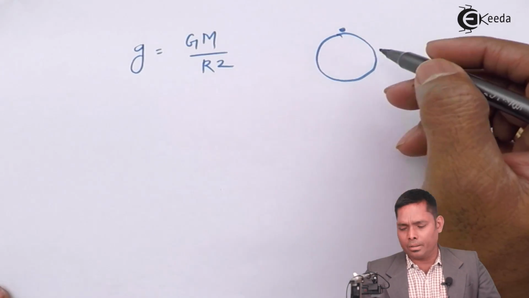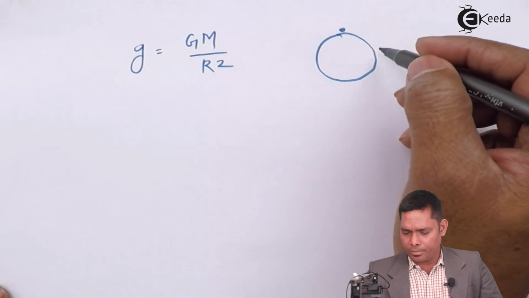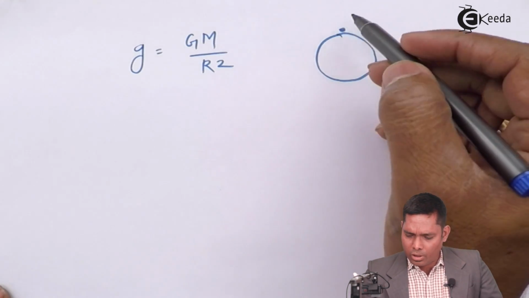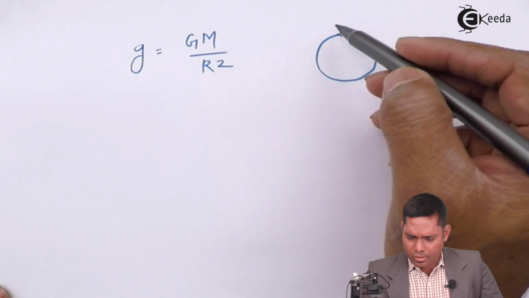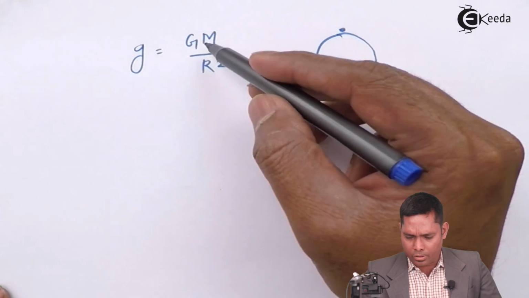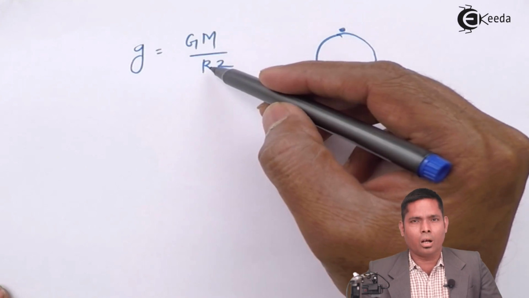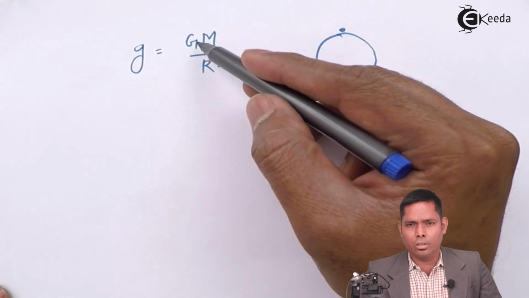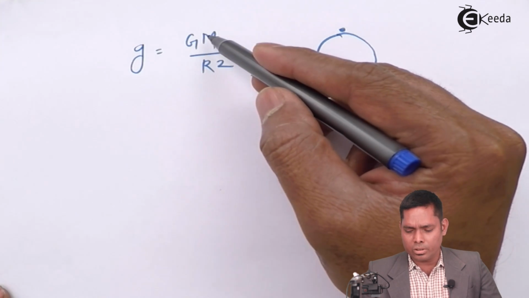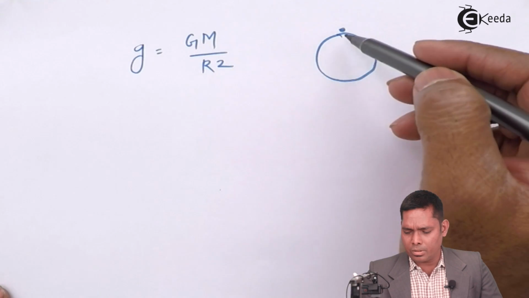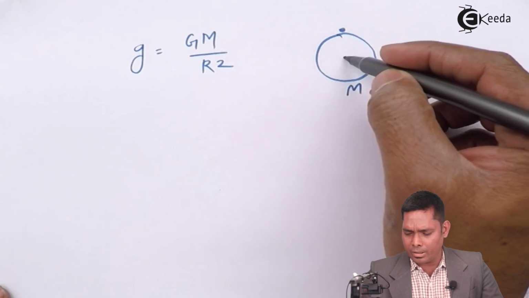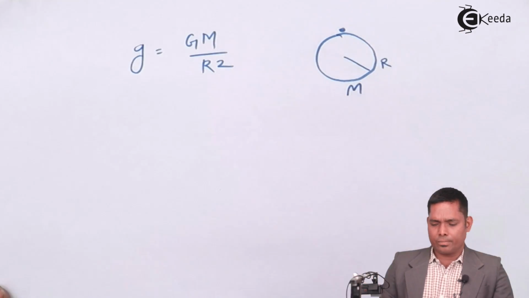This planet can be any planet. It might be Earth. Now the g on the surface is found to be GM over r square, where G is the universal gravitational constant, M stands for the mass of this planet, and r is its radius.